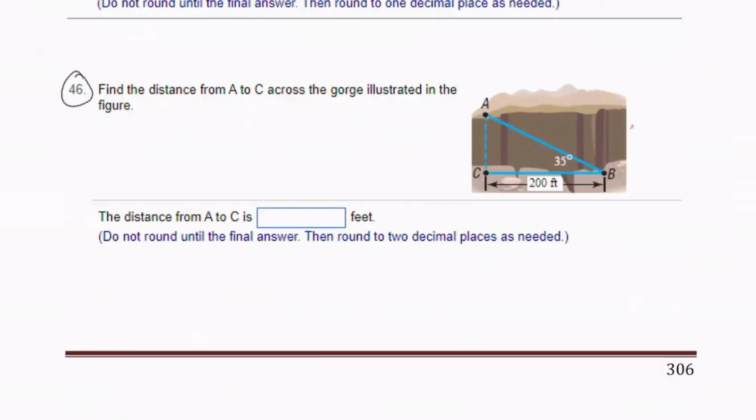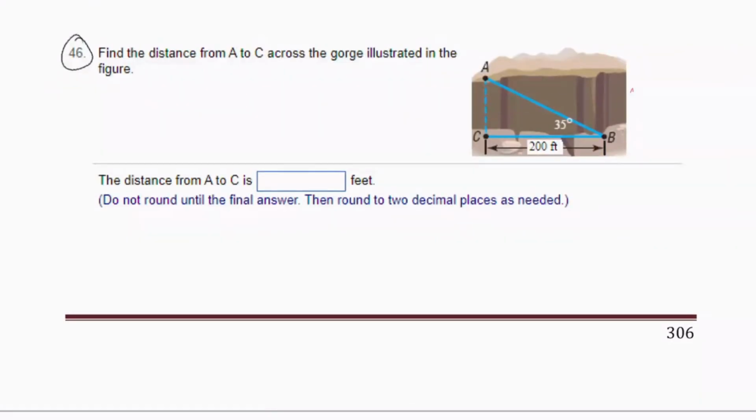Okay, so we want to find the distance of AC. Obviously, AC is the opposite of that angle, and we have the adjacent, so we go ahead and use tangent. So tan 35 is the opposite, which is AC. The adjacent is 200.